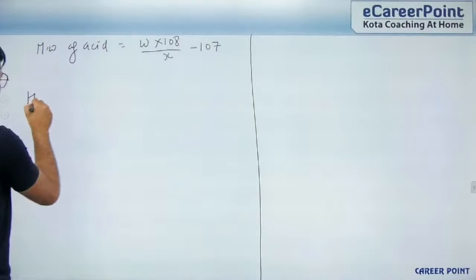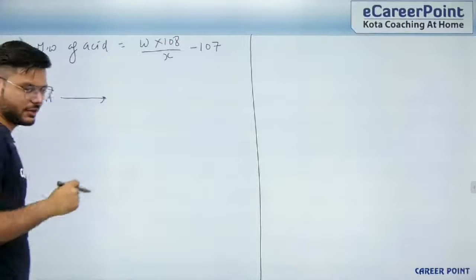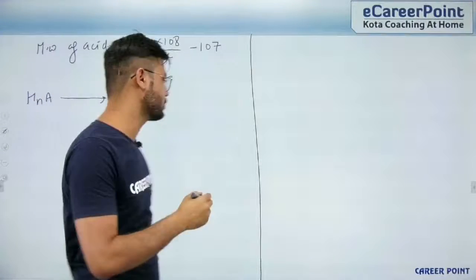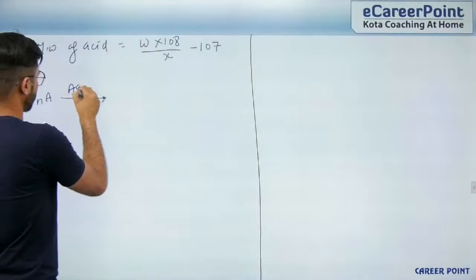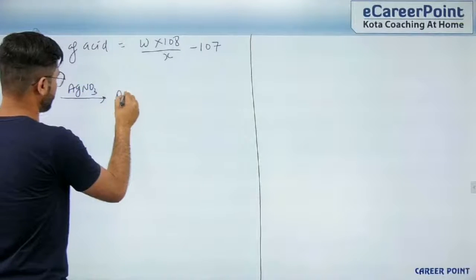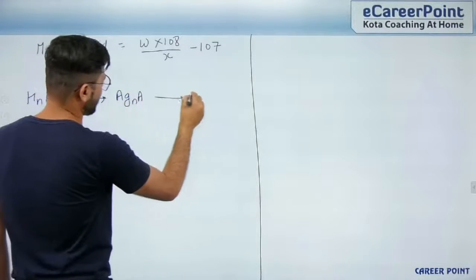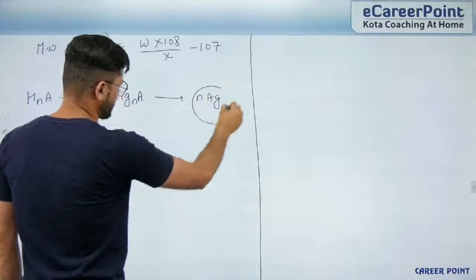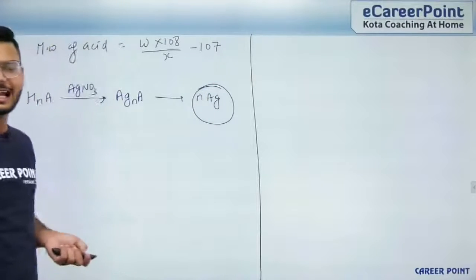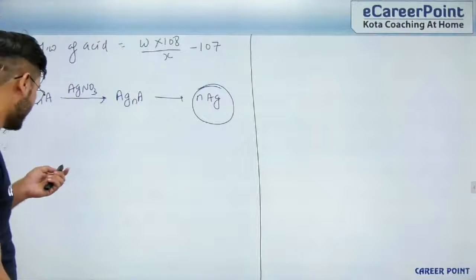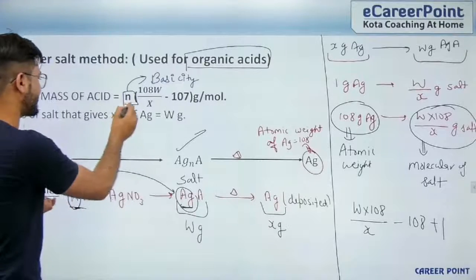See, HnA will react with silver AgNO3, it will give AgnA, then nAg is deposited. nAg is deposited. So it is very simple. This factor n is coming from there.